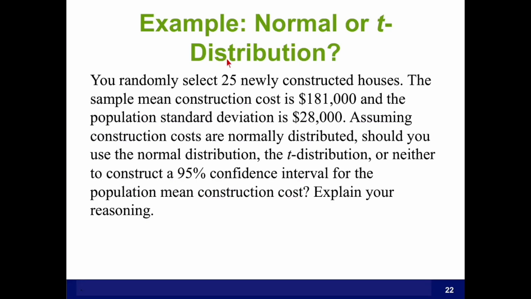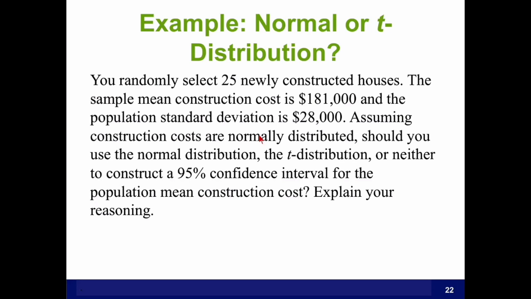Since this is less than 30, we'll need to find somewhere in the statement of the problem that the population is normally distributed or approximately normally distributed. The sample mean construction cost is 181,000. This is going to be the point estimate. And the population standard deviation is 28,000. So here the population standard deviation is known to be 28,000.